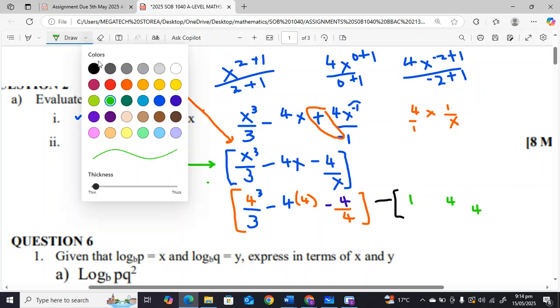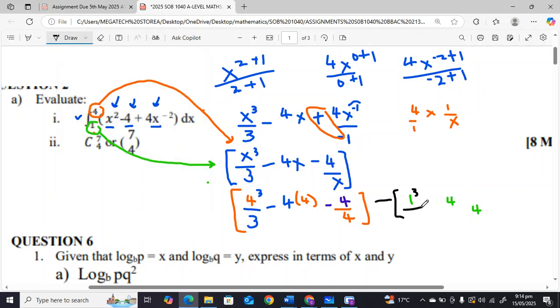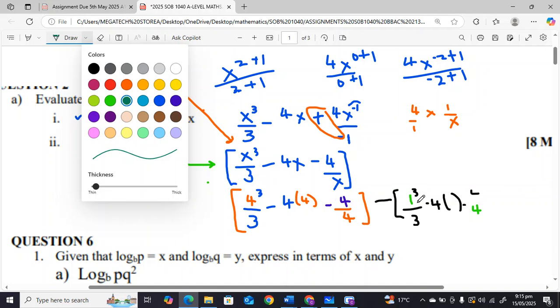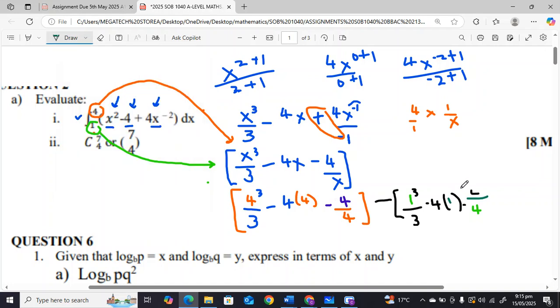So you have 1 cubed over 3 minus 4 times 1, minus 4 over 1.